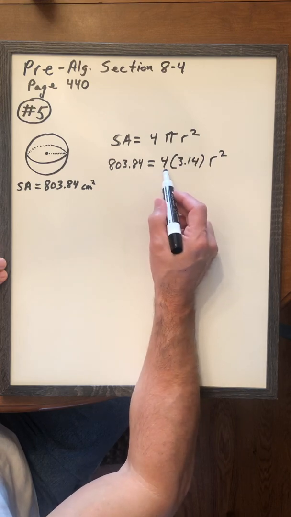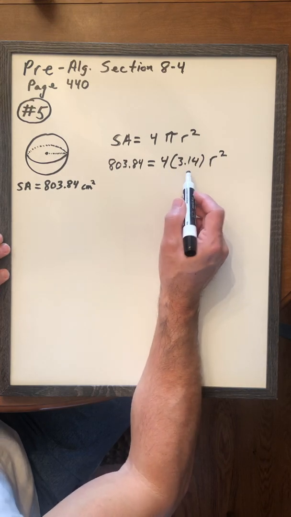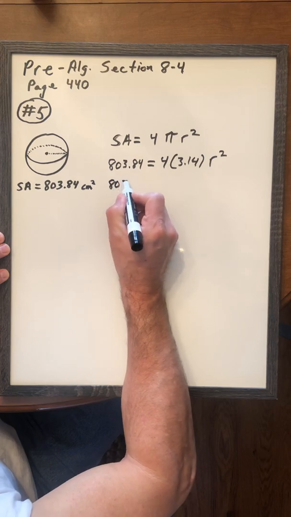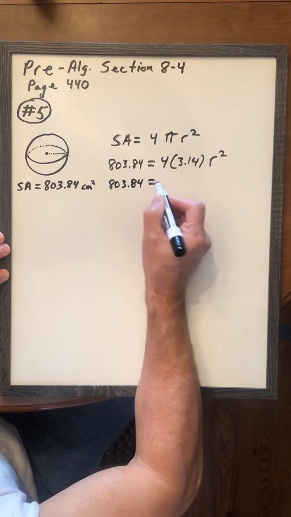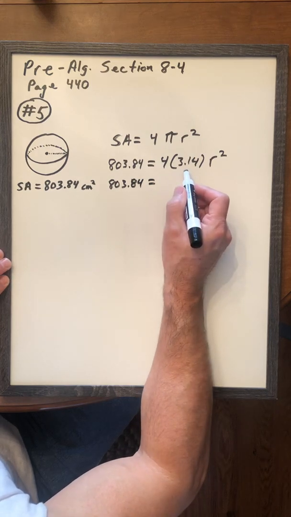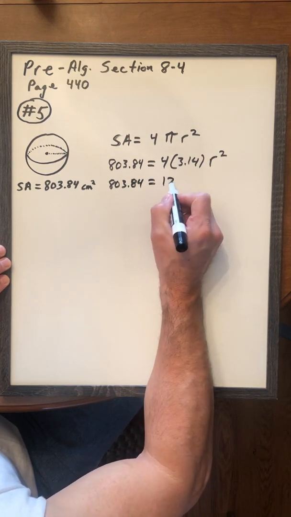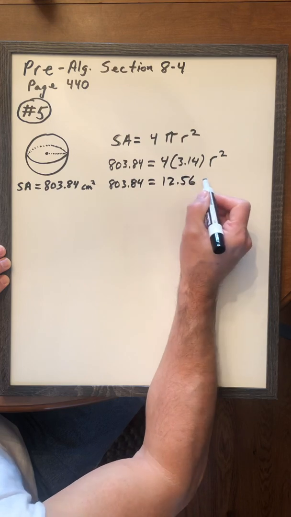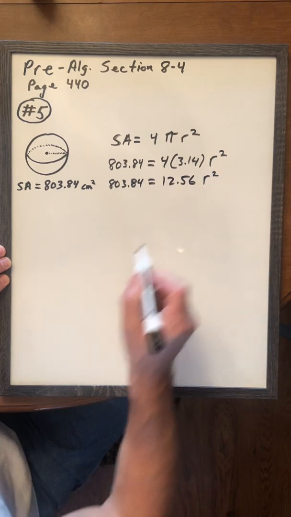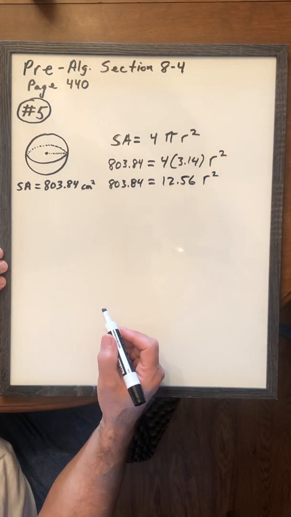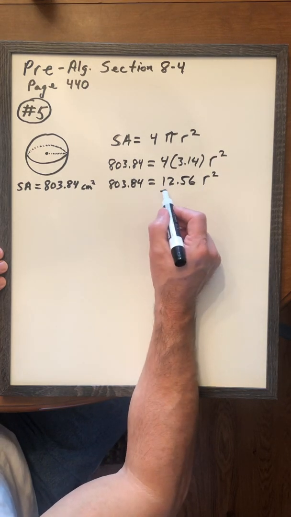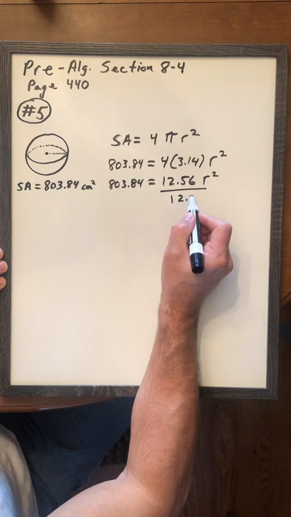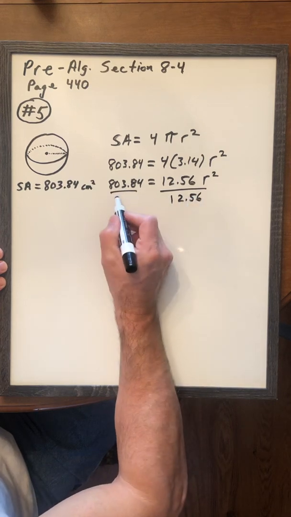So we need to first multiply 4 times the 3.14, so 803.84 equals 4 times 3.14, which gives me 12.56, and then we have r squared. Now I want to get the r squared by itself, so I'm going to divide by 12.56 on both sides.